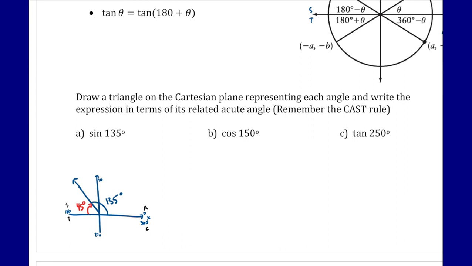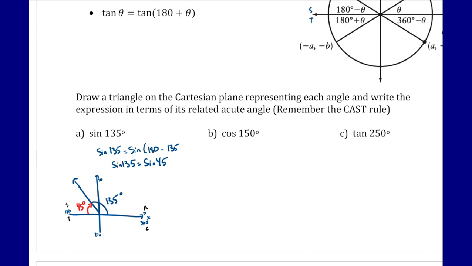Right? So if I plug that into my formula, sine of 135 is equal to sine of 180 minus 135. And this would mean sine 135 is equal to sine of 45.